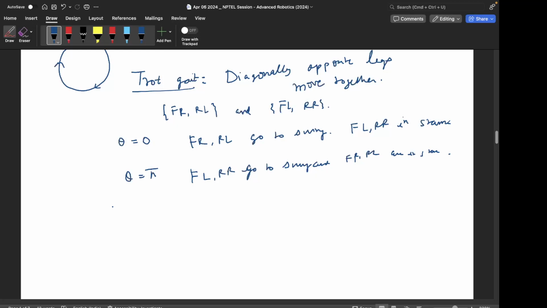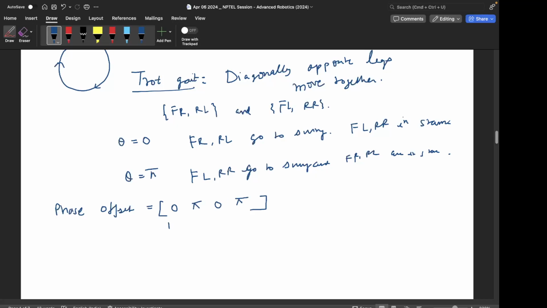Now what's the duty factor? So the phase offset vector will have four numbers, one for each leg. Two of them will have 0 and the other two will have pi.